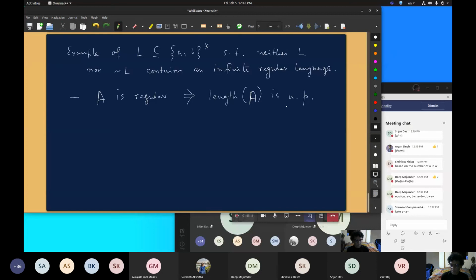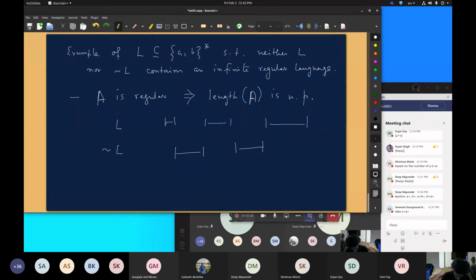So if you can build L and not L consisting of strings such that there are arbitrarily large gaps in the lengths. So some lengths may be like this. This is in L, this is in L, this is in L, not L, the remaining things.